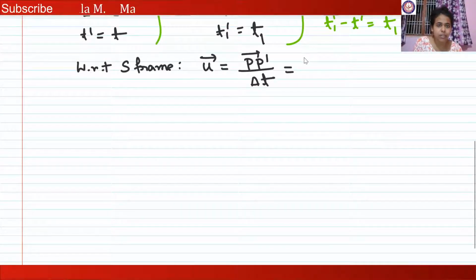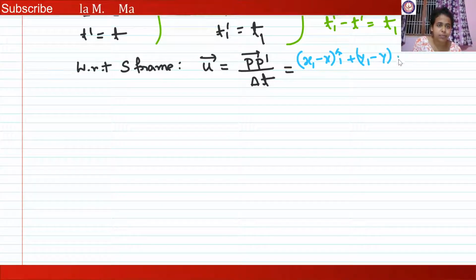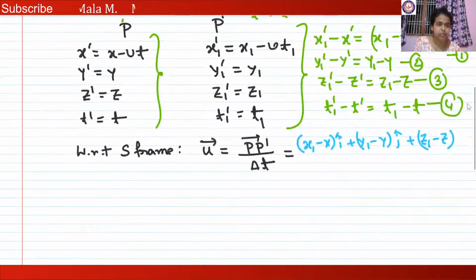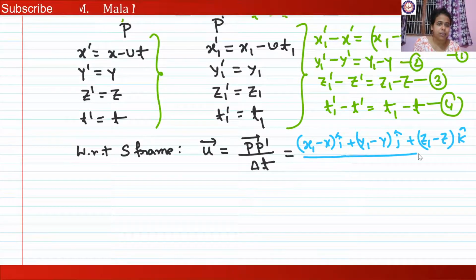So it will be x1 minus x i cap plus y1 minus y j cap plus z1 minus z k cap divided by delta t.